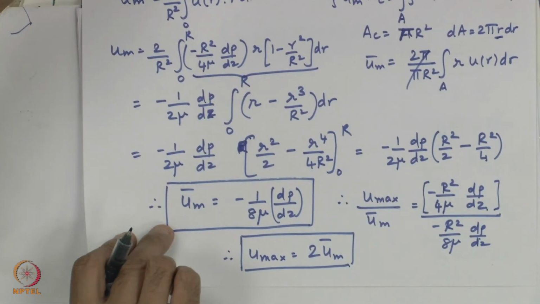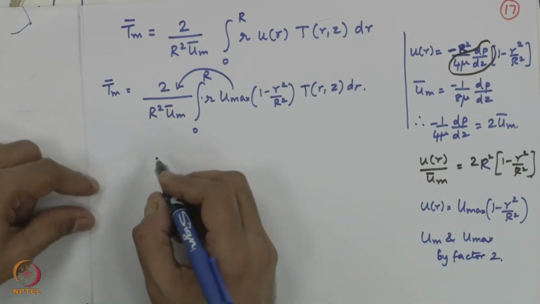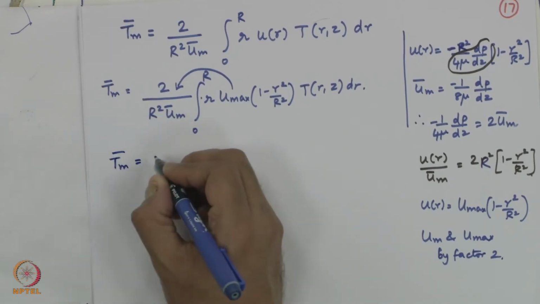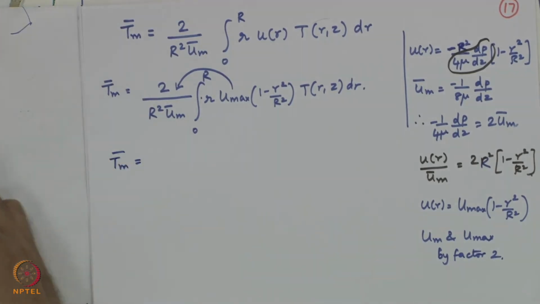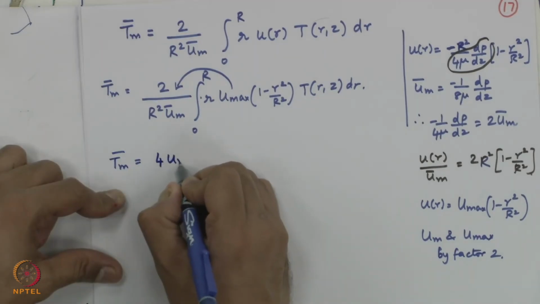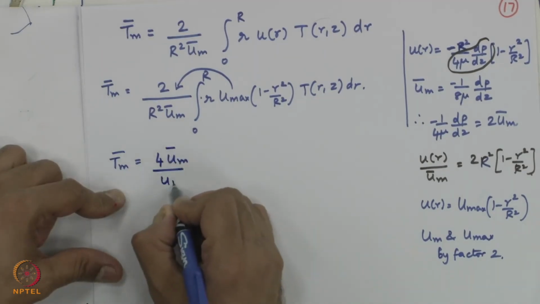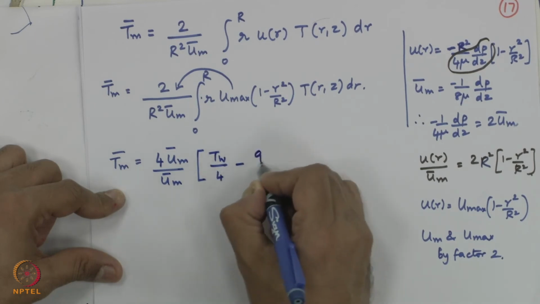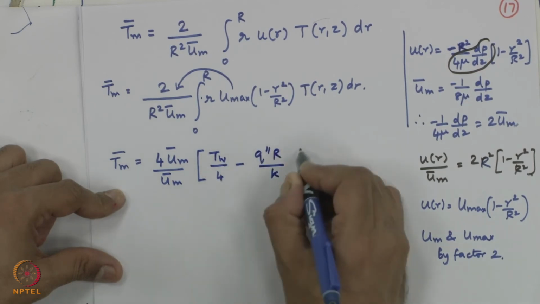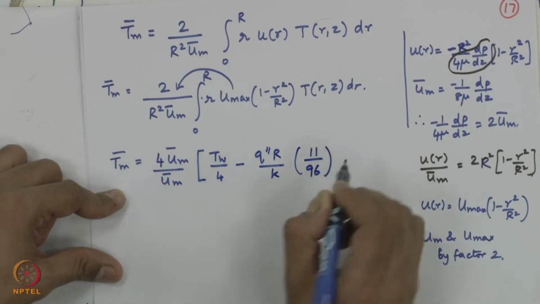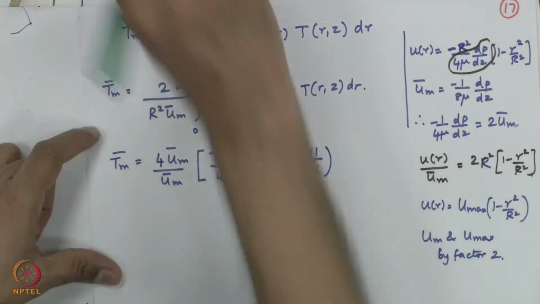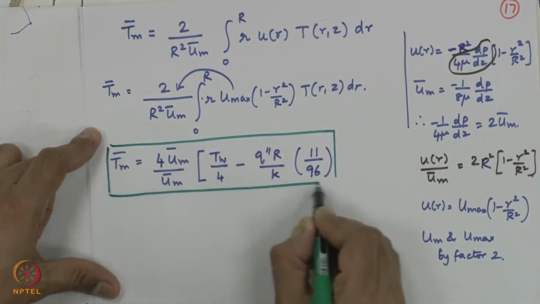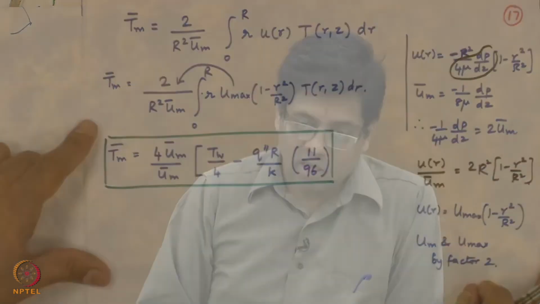So, substitute all that. When I do the integration, I get T bulk mean equal to T w by 4 minus q double prime R by k into 11 by 96. This is about 1 page of algebra which you will have to do on the board or tell the students to do. It is a good exercise to do this integration separately.